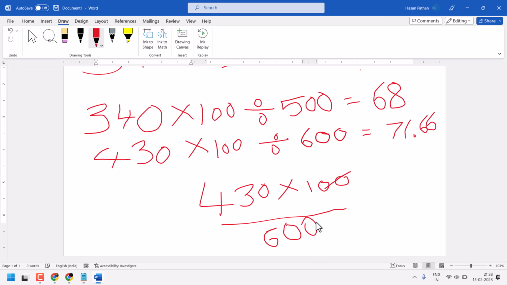Now remove both 0s here and here. Now divide 430 by 6. So the result will be 71.66.